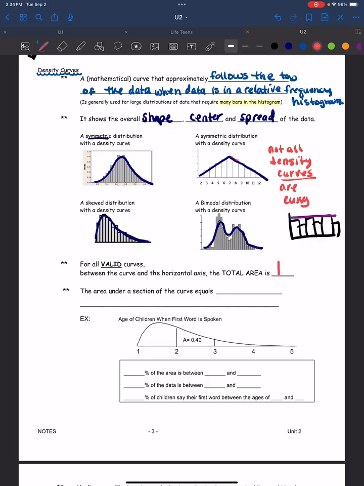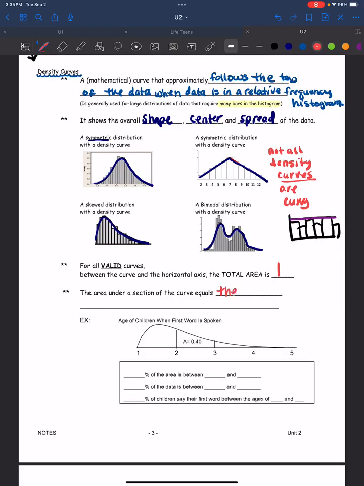So the area under the curve, or section of the curve, is equal to the percent, or maybe you think of the proportion, of the data that fits between the section's endpoints.